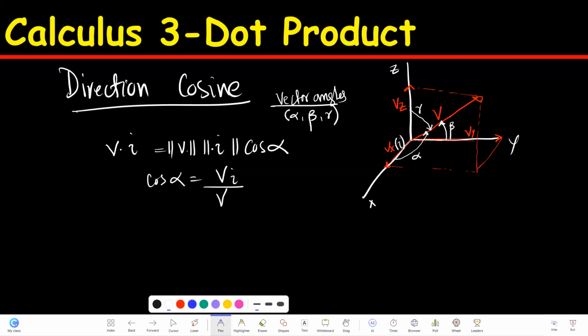The unit vector's magnitude converts to one, so it is gone. There will be a one here, but we don't write the one. So this is the direction. The second one is cosine beta, which I can write simply as vj over v. Cosine gamma equals vk over v.